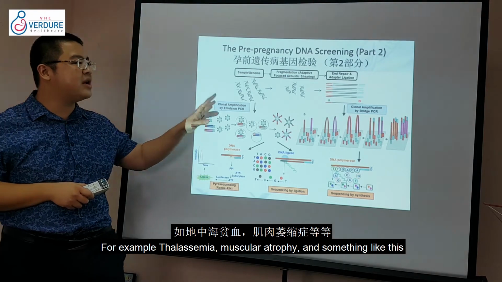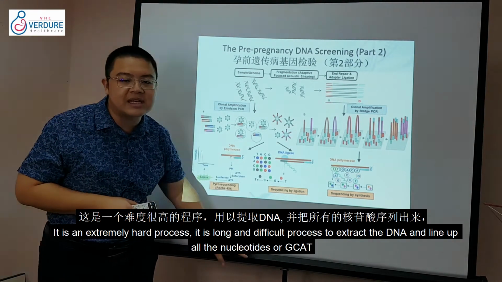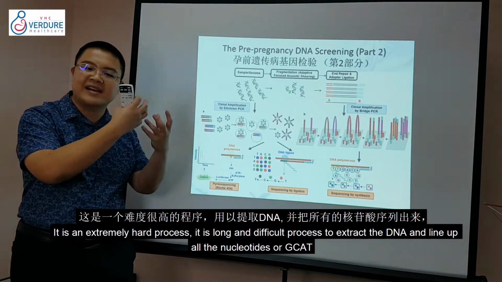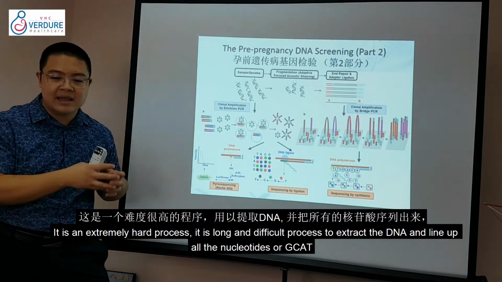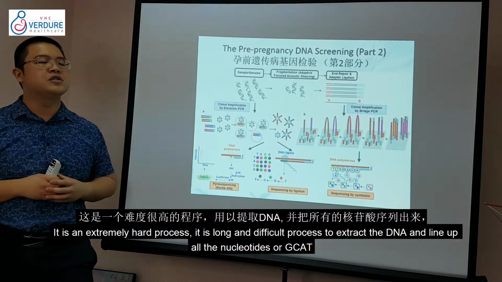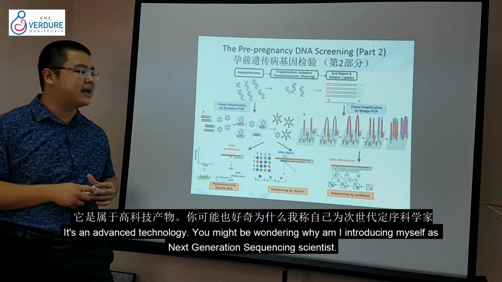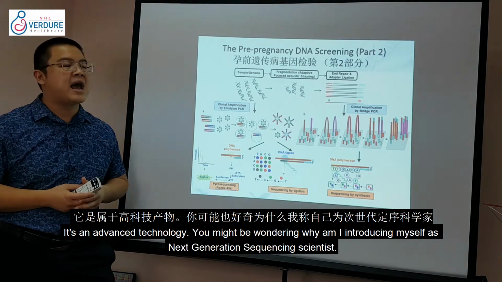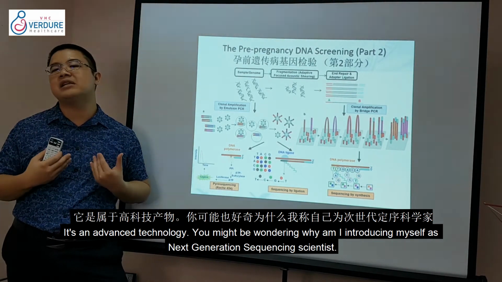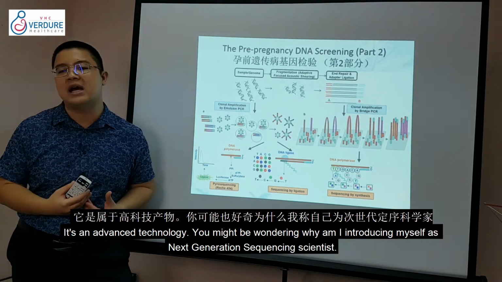And it is an extremely hard process. It is a very long and difficult process in order to extract all the DNA and line up all the nucleotides or the GCATs. So it is a very advanced technology, and you might be thinking, why did I introduce myself as the next generation sequencing data scientist?